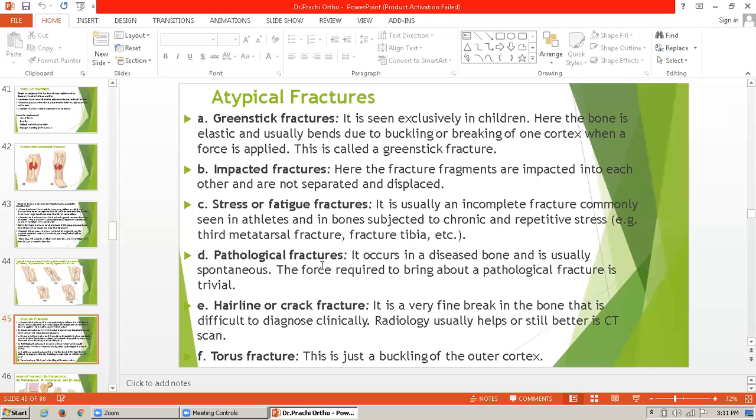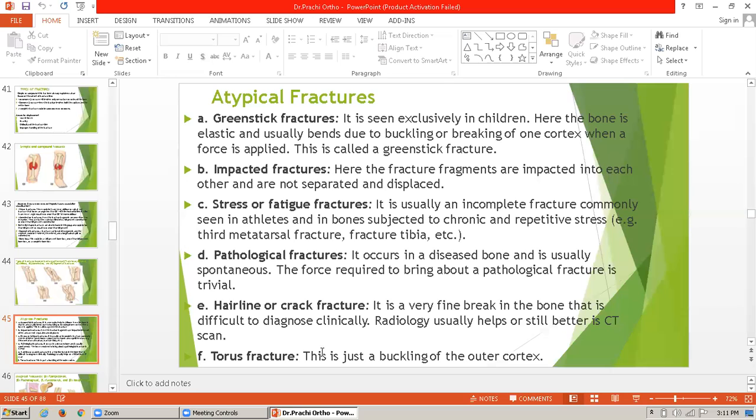Then the fourth is a pathological fracture. It occurs in a diseased bone and is usually spontaneous. The force required to bring about a pathological fracture is trivial. The hairline or crack fracture is a very fine break in the bone that is difficult to diagnose clinically and radiologically, and is usually better seen on a CT scan.